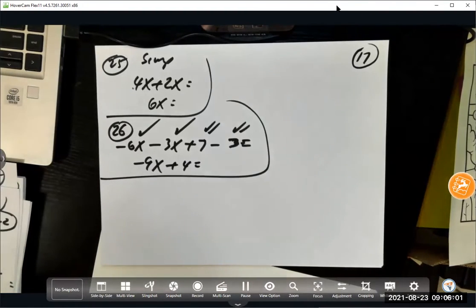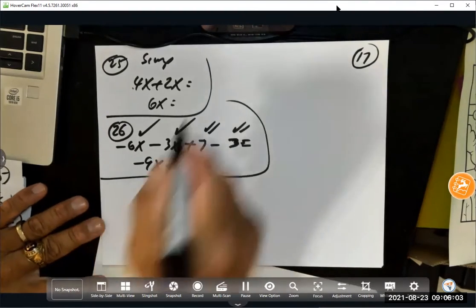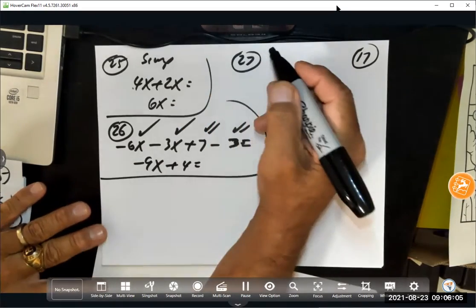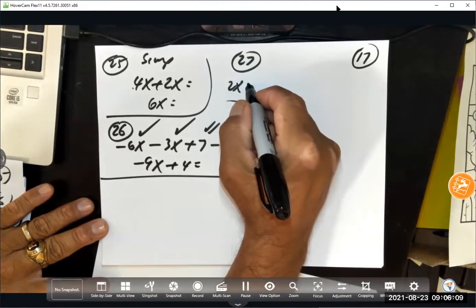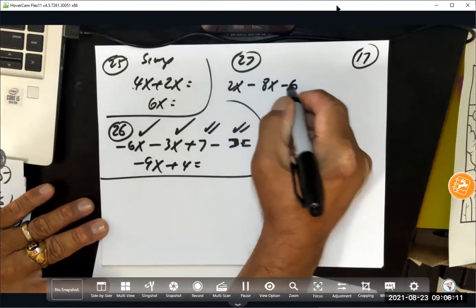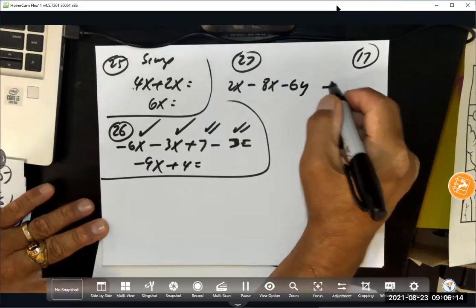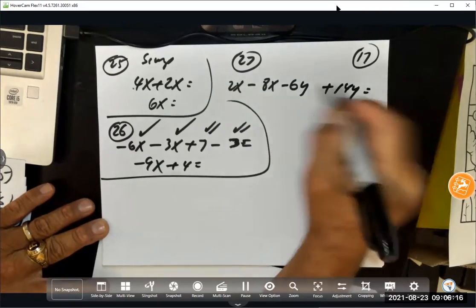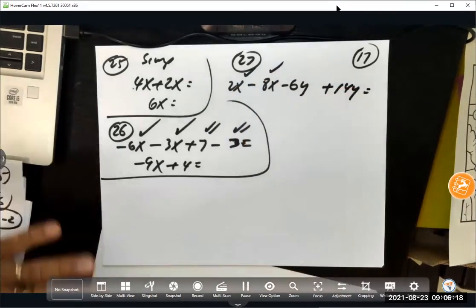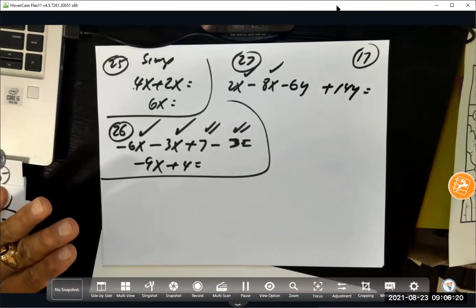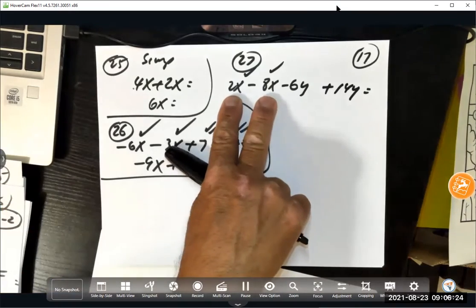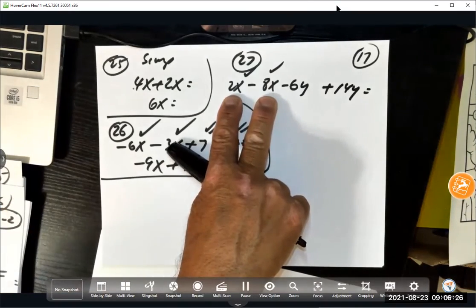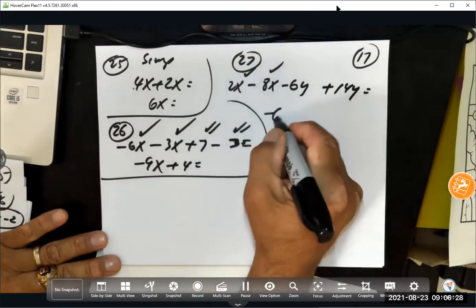26 is good. All right, 27. Let's do it over here. 27 is going to be 2x minus 8x minus 6y plus 14y. Now I have x's and I have y's, so put the x's together with the x's. What do you think that's going to be, right here where my finger is? Negative 6x. Yep, that's right.